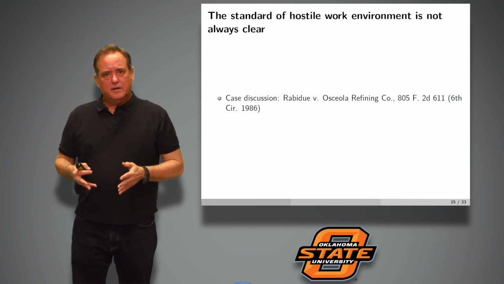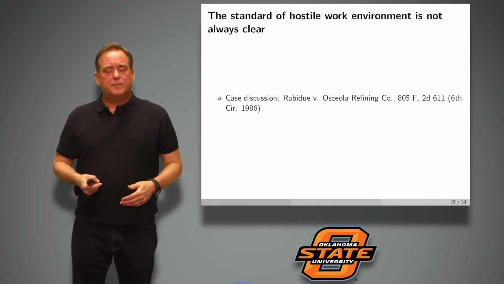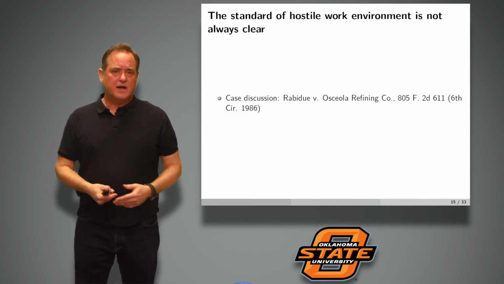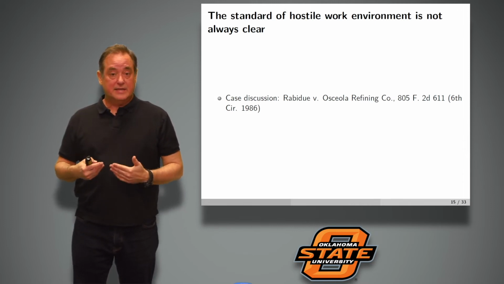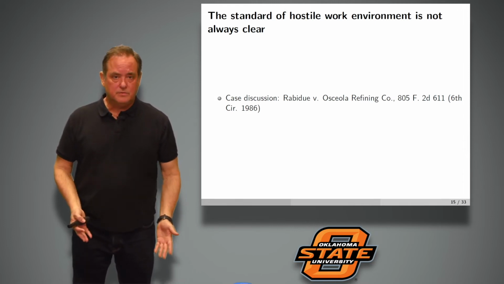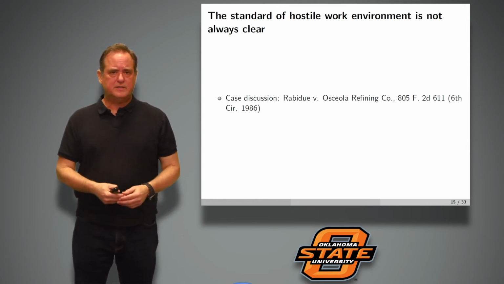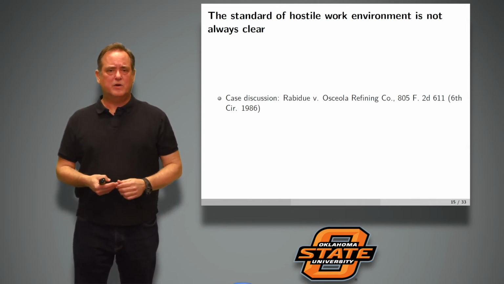The women are hired and brought into the workplace, and they find the conduct offensive, that it is producing terms or conditions of employment that are different for them than for the men in the workplace.